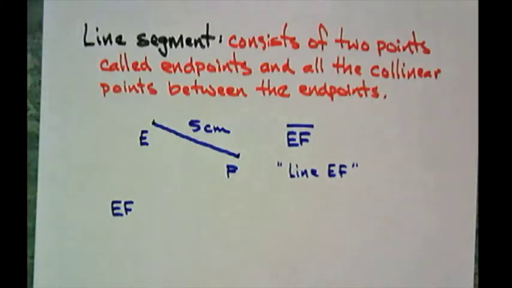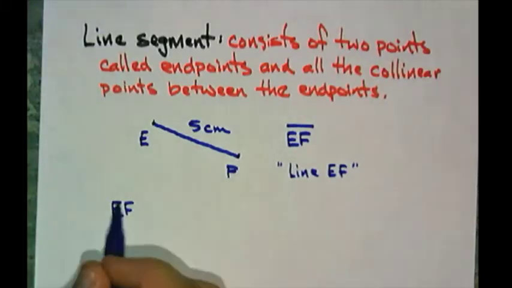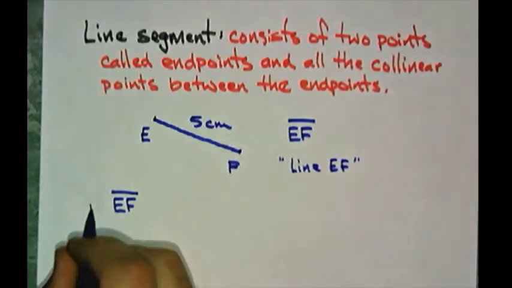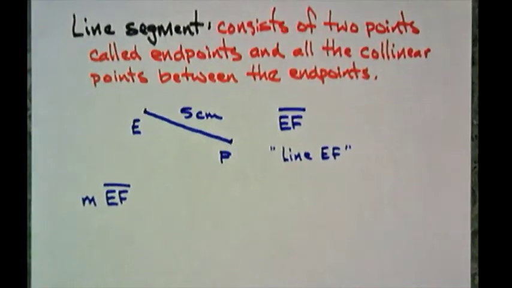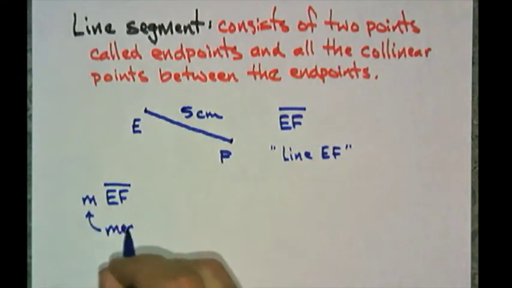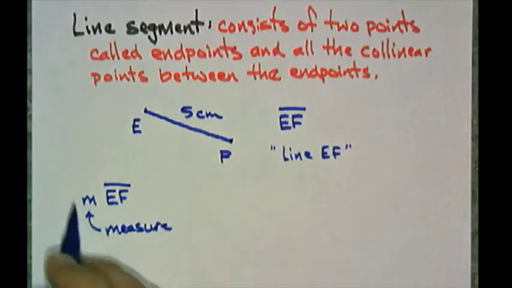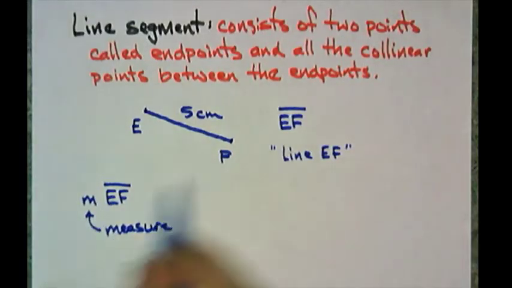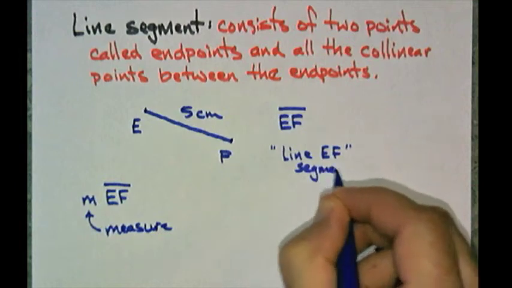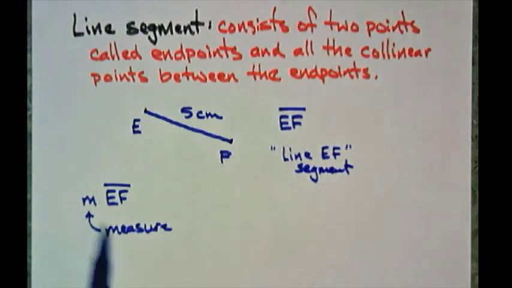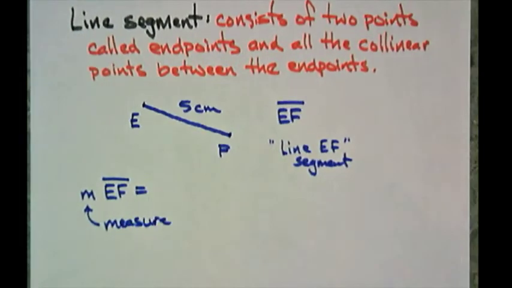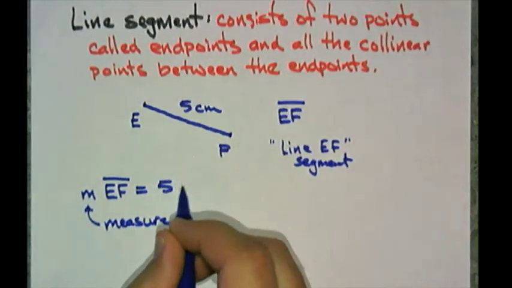And to say the measurement, what I'm going to do is put an M before the EF. And of course that means measure. So the measure of line segment EF is equal to 5 centimeters.